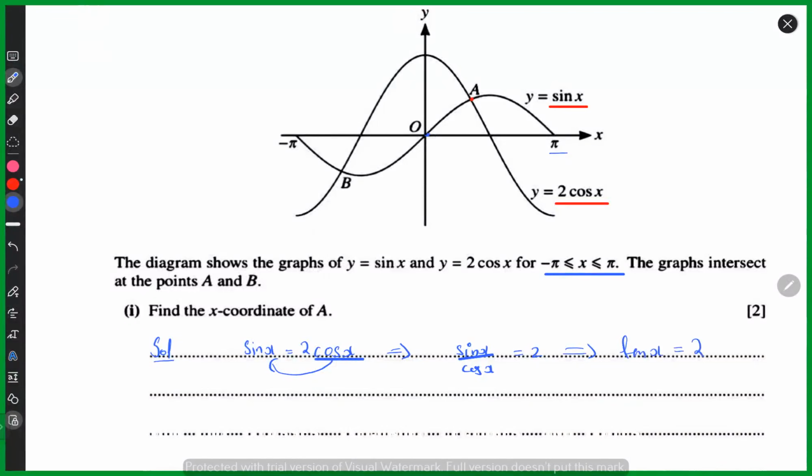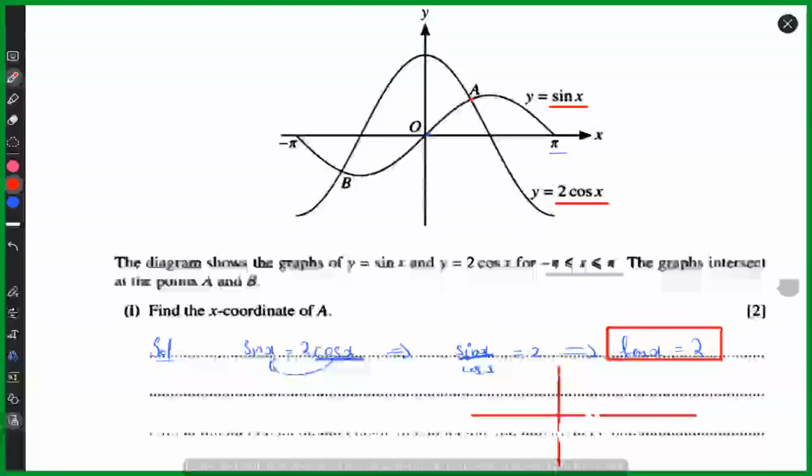Now, this is the point where we are done with the equation, and now we need to refer to the other parts. That is more important. Whenever we get a trigonometric equation with one trigonometric function, the next thing is to think about the graphs.